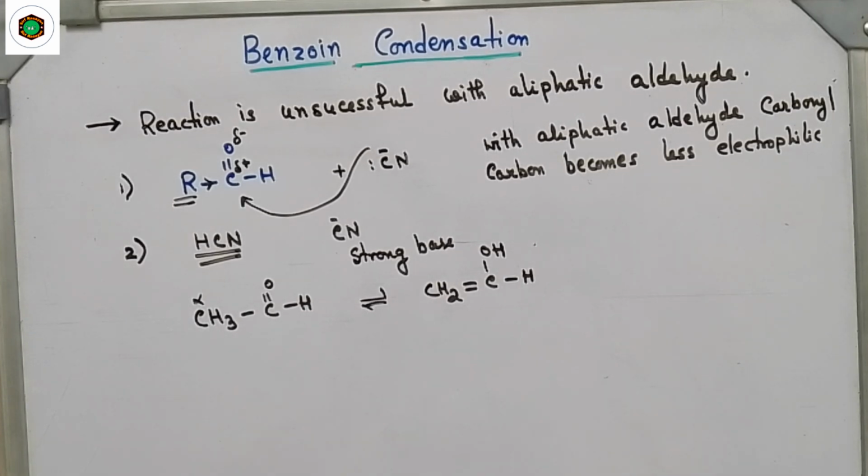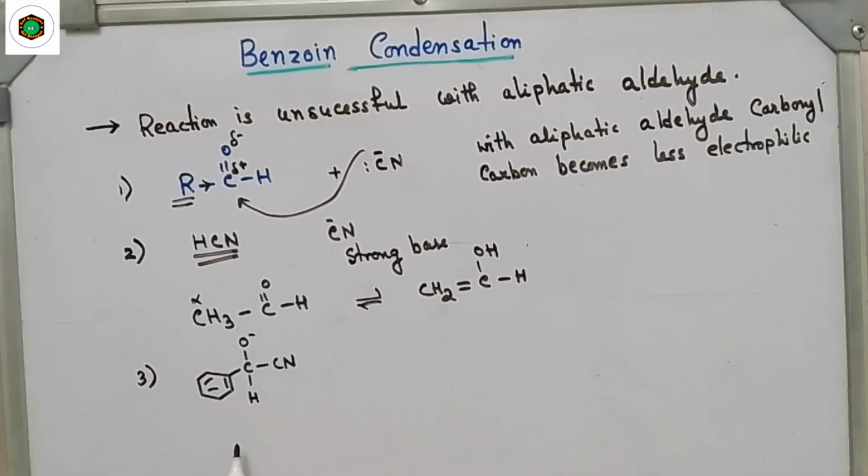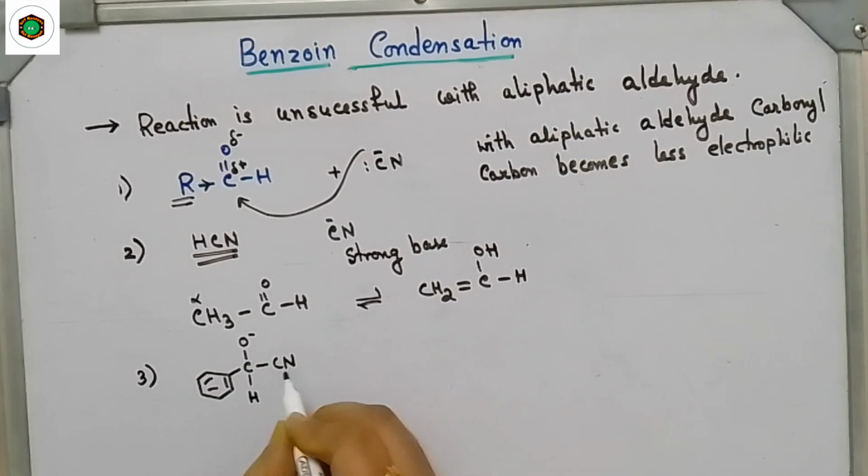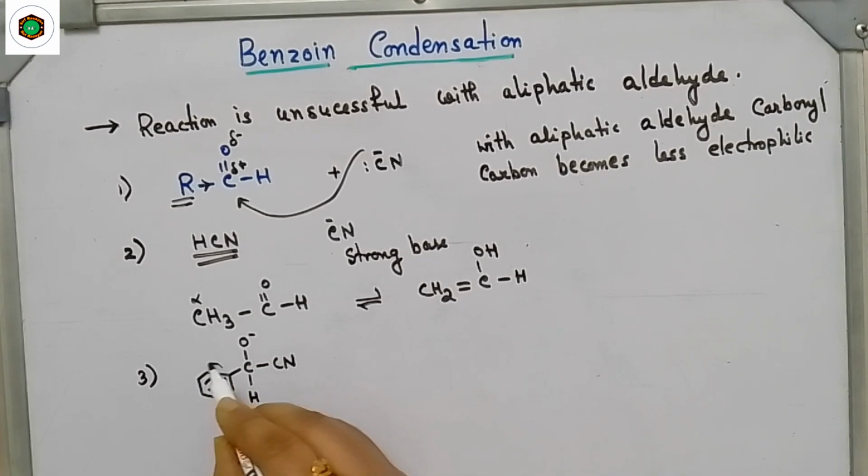So here also the reaction will not take place successfully. Another thing, in step 2 of the mechanism we have seen that migration of H plus takes place from here to get the carbanion, and that is possible here if cyanide is there and also if an aromatic ring is there, because this benzene ring has a minus I effect.